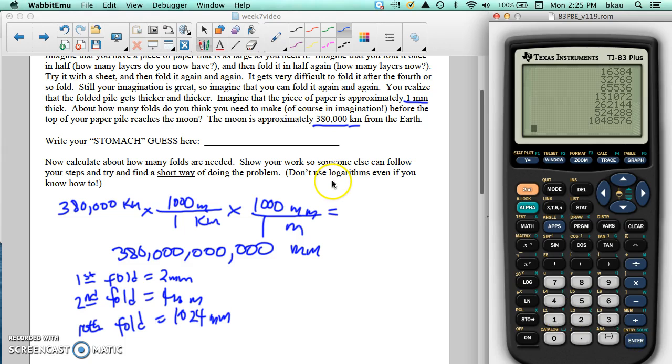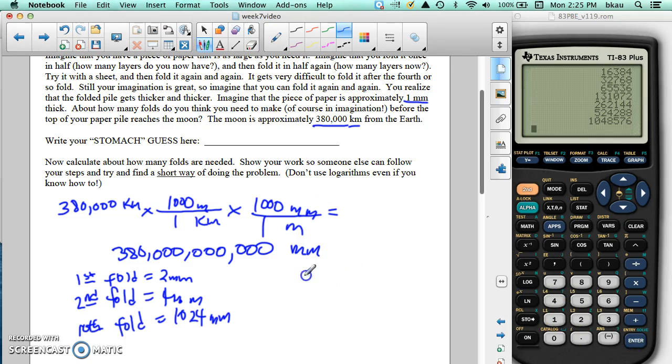And at 20 folds, we have 1, 0, 4, 8, 5, 7, 6. So over a million millimeters. So in 20 folds, we're up to a million.